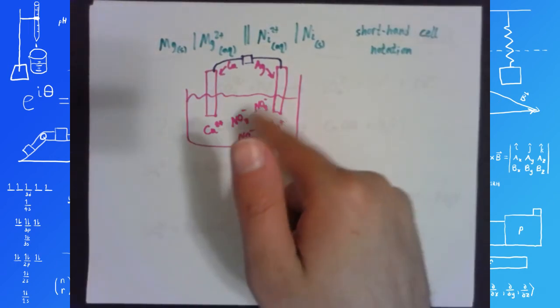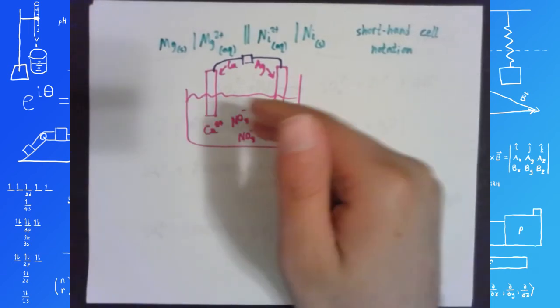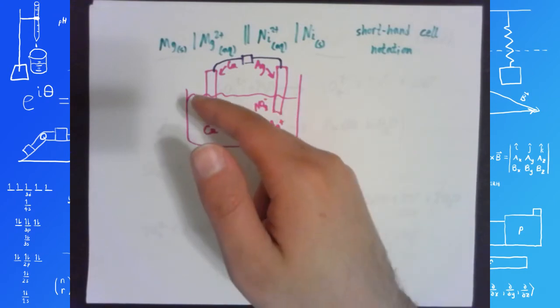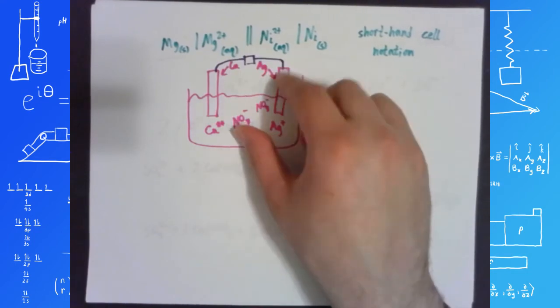So yeah, this isn't going to work. The electrons can just be traded between the silver ion and the copper metal directly without needing to go all the way around in the wire.